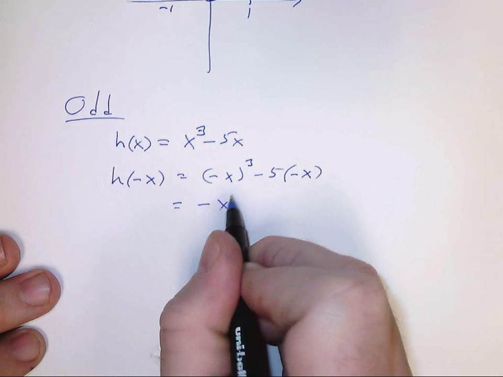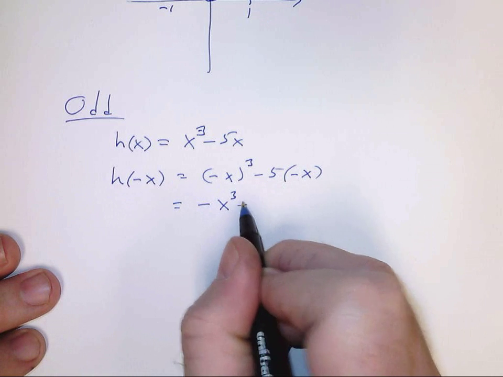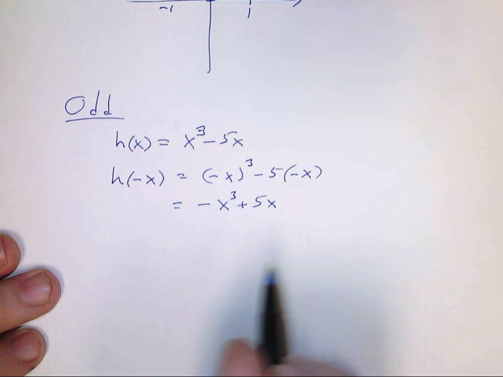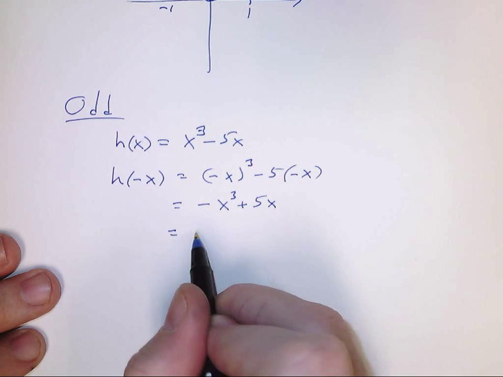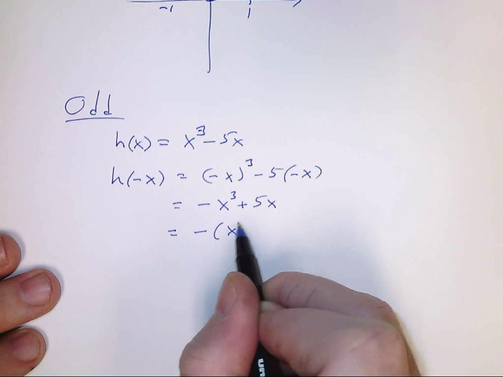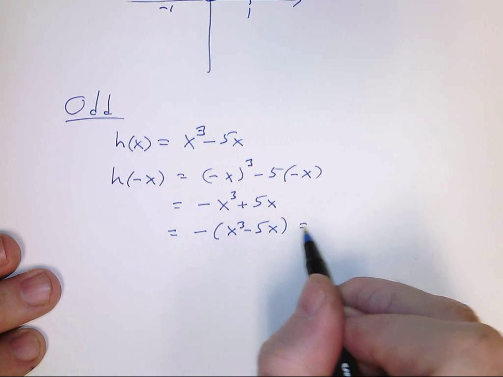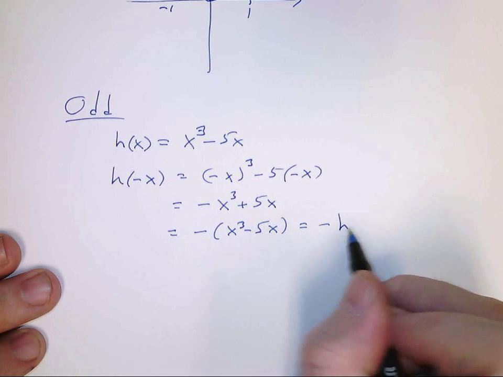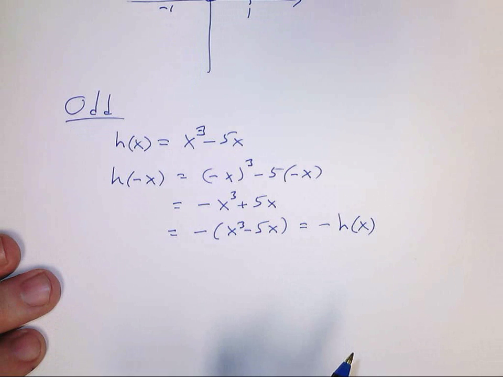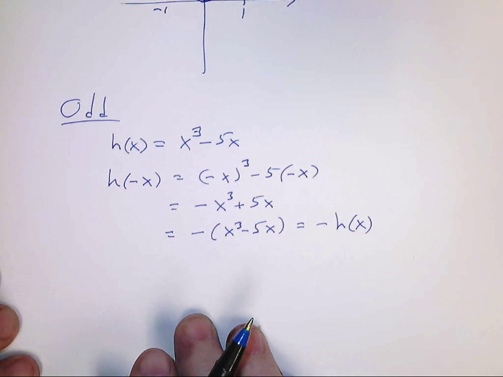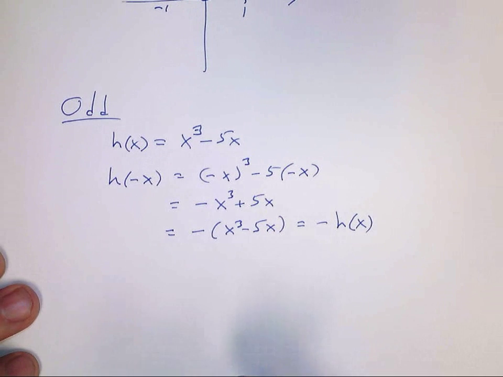So this is negative x cubed, and I have plus 5x. So this is negative of x cubed minus 5x. So this is negative h of x. So I can go through and show this is odd just by that.